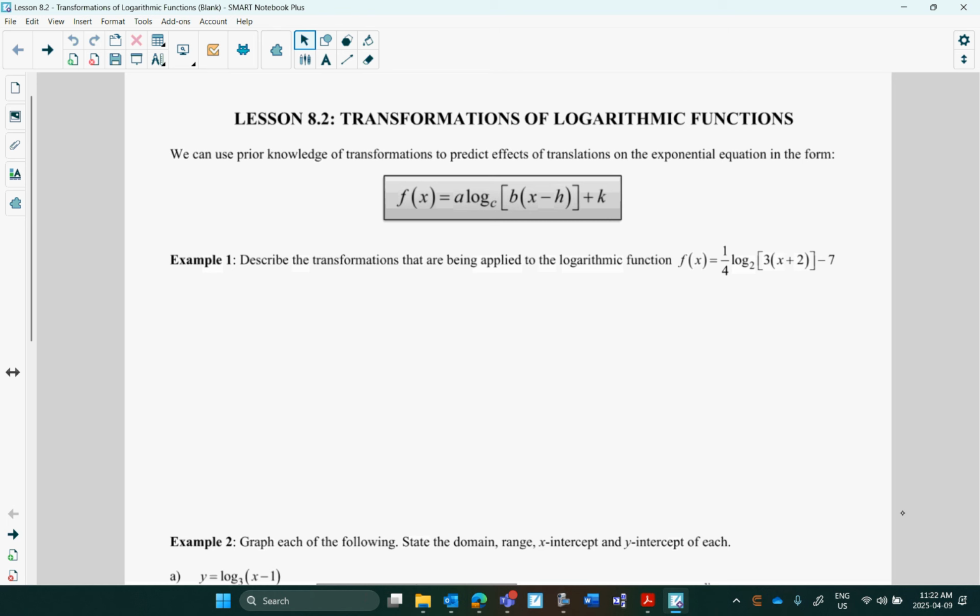So we're looking at logs right now. We talked about what logarithms were last lesson, and basically it is the inverse of an exponential function, and then we talked about how to switch from one form to the other, and then how to evaluate them and how to solve some simple equations with them.